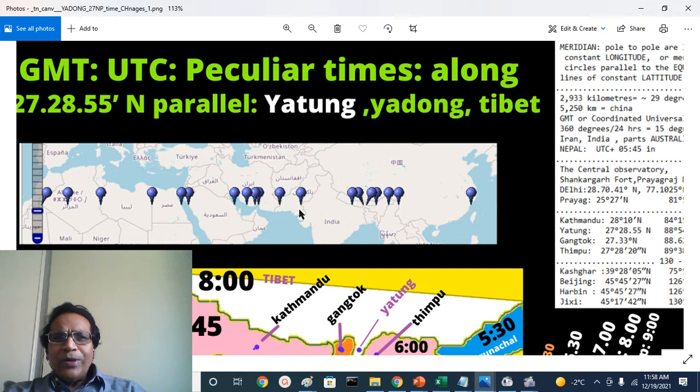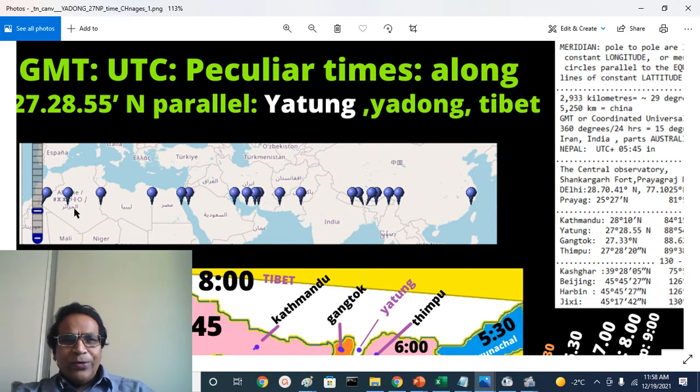So the rule of thumb is, suppose you are starting at GMT Greenwich and you are moving towards east, the time has to increase. Here we are in the Maghreb region, that is Morocco, Algeria, Tunisia, Libya. This is 1 hour, and Libya and Egypt is 2 hours here. Then Saudi Arabia, 3 hours we gained.